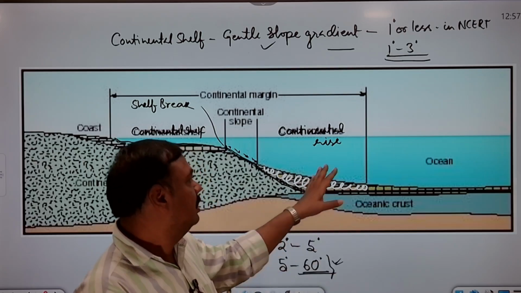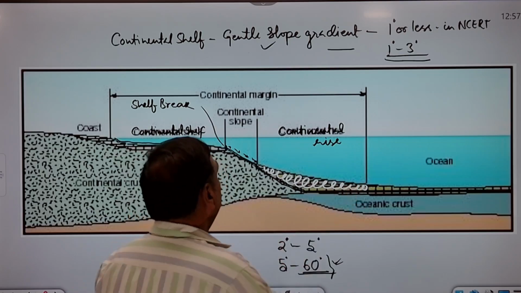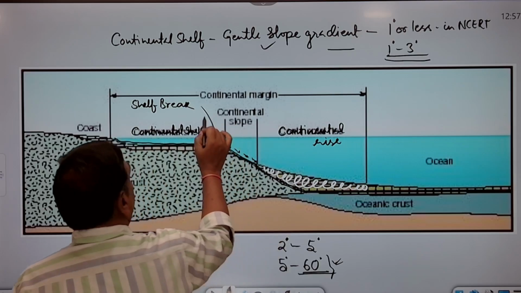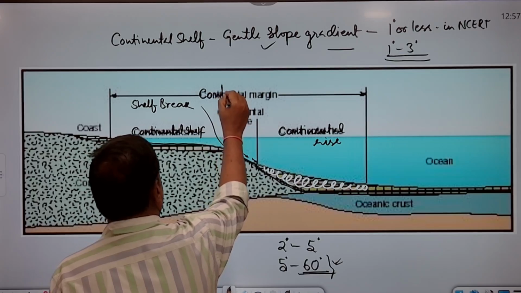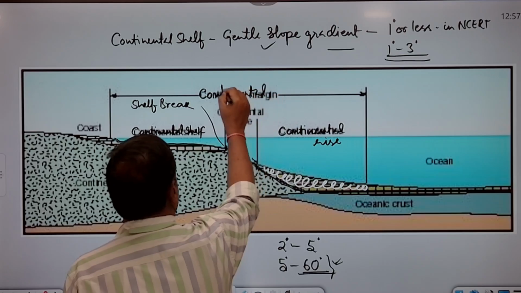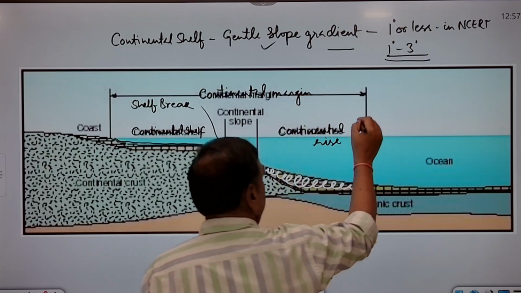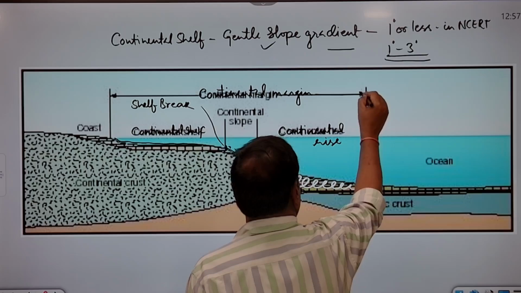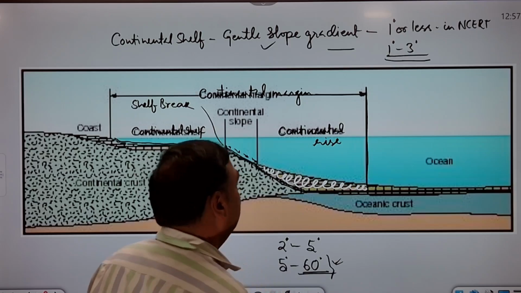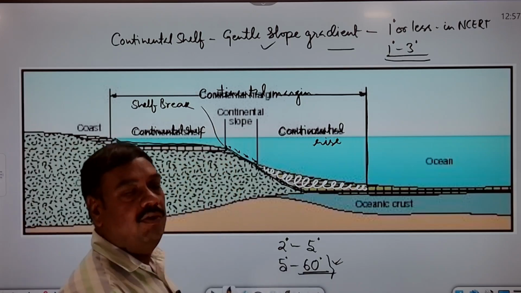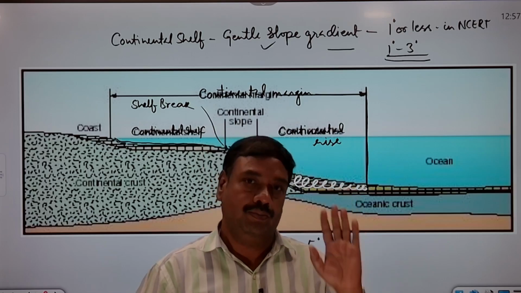So, it is also the part covered under the extension of the continent, and that is why in this diagram the continental margin has been shown up to the end of this almost continental rise region, and this continental rise has been formed nearby the bottom of the continental slope.